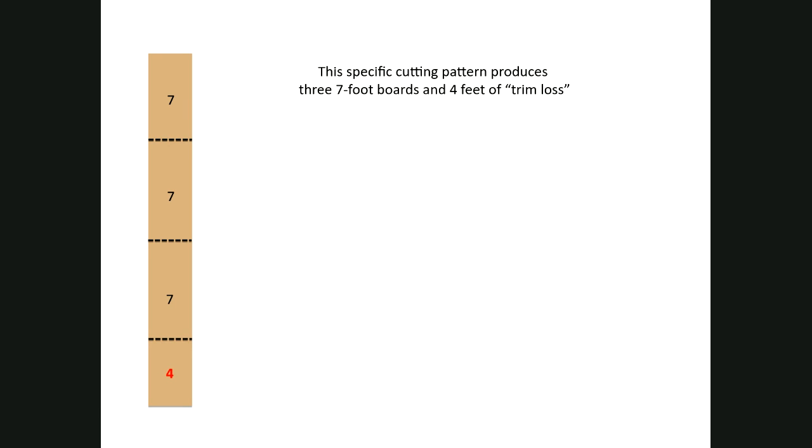Anyway, if you do the arithmetic, 700 divided by 3, that number of boards, about 233 boards, you would meet your demand for 7-foot, but you wouldn't have any 9-foot boards.